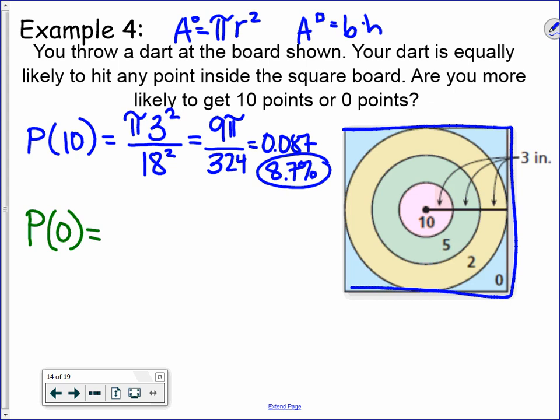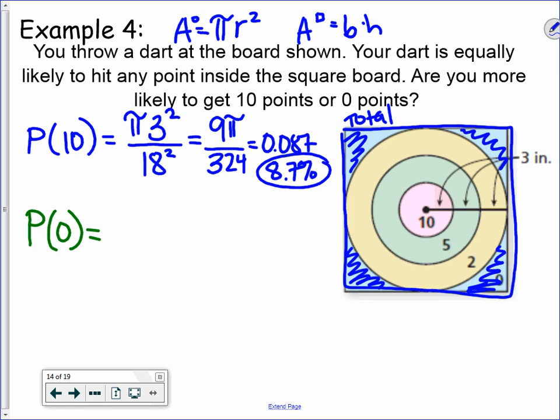Now we have to do a little subtraction here. For the area outside the circle, so this 0 here, we have to take the box or the square minus the largest circle.